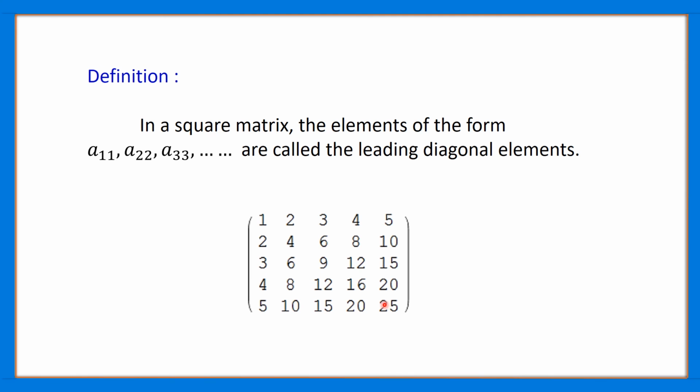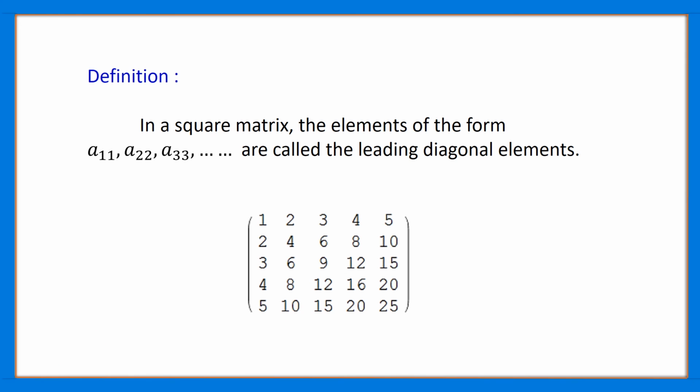These elements are of the form A11, A22, A33, A44, A55. That is, first row, first column; second row, second column; third row, third column; fourth row, fourth column; fifth row, fifth column. So the elements of this form are called leading diagonal elements.